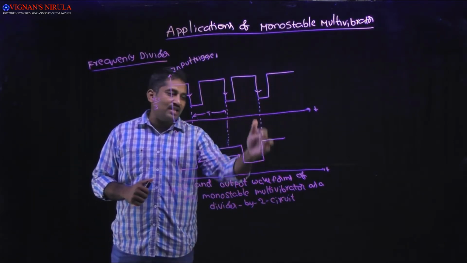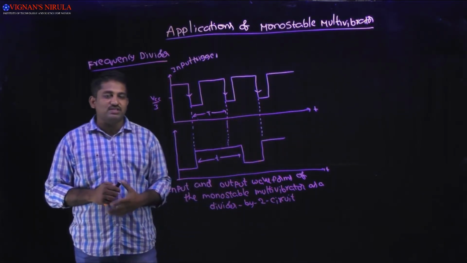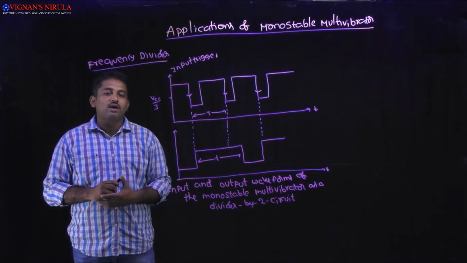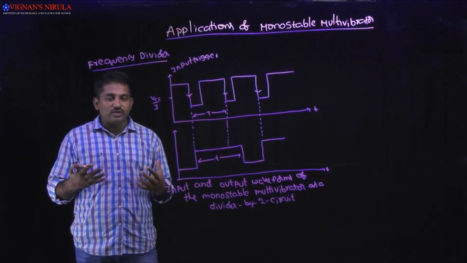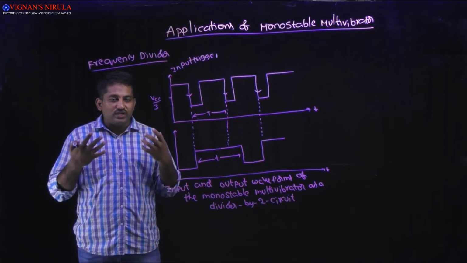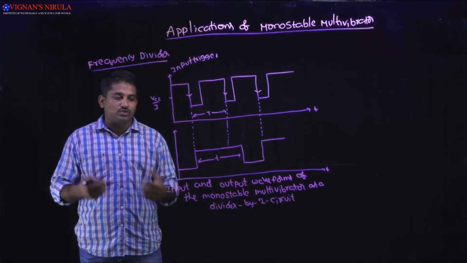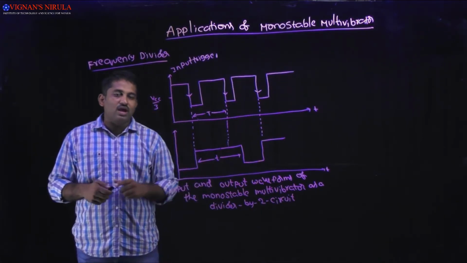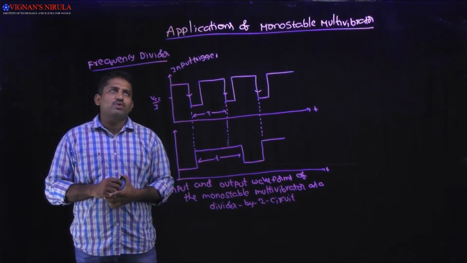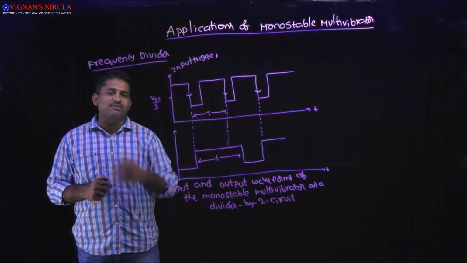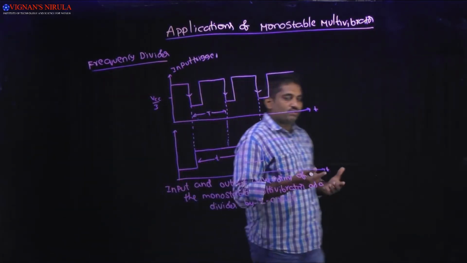That's why at the third negative edge triggered pulse, it produces the positive pulse output. So from this, we can conclude that for every two trigger pulse inputs, we get only one output pulse width at the output side. That's why we treat the monostable multivibrator as a frequency divider.